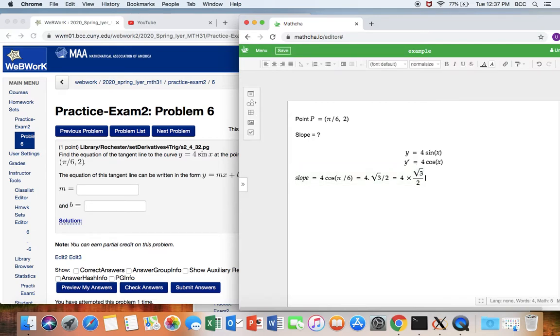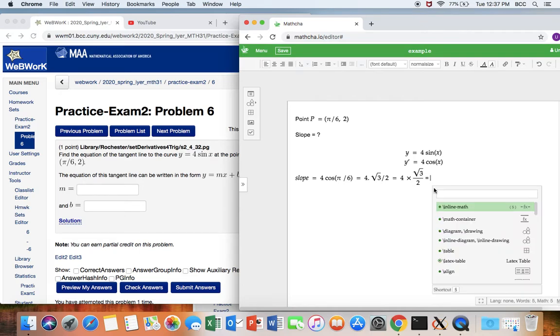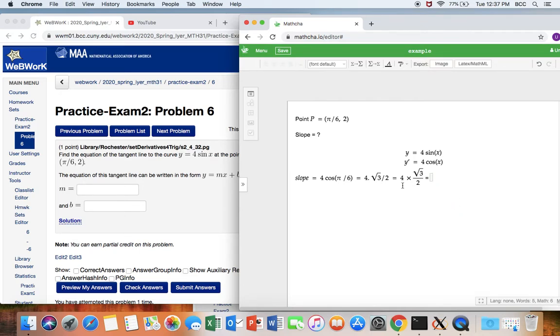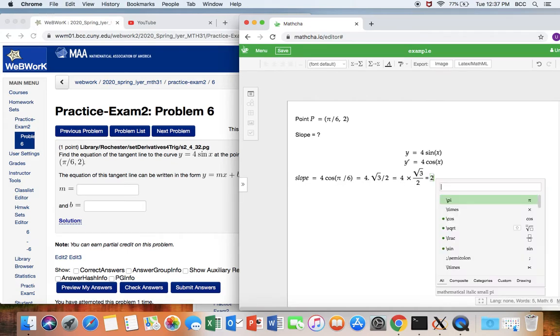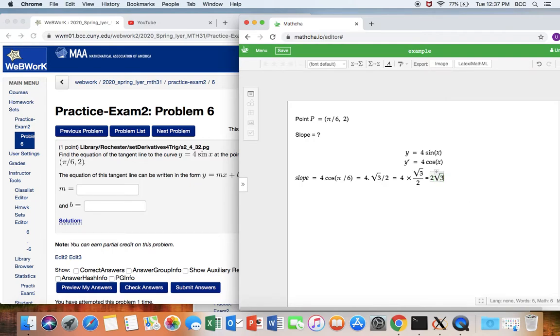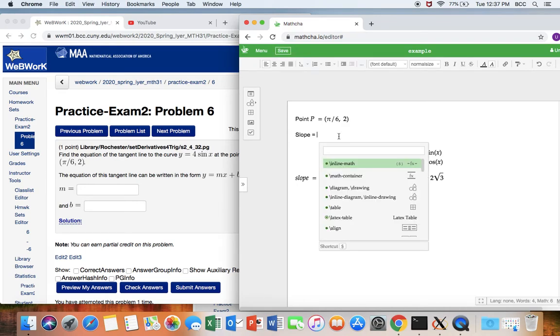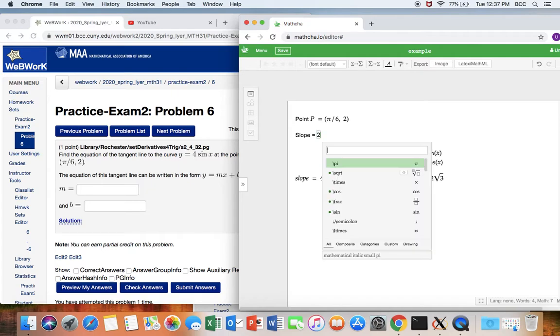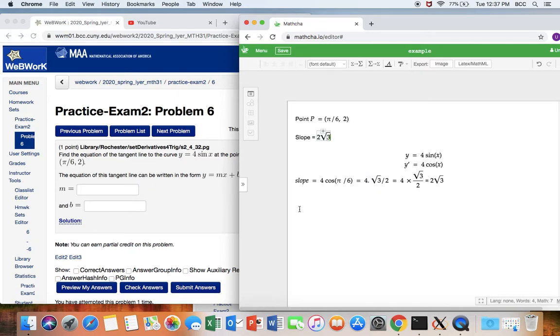So when you see it this fashion, 2 reduces 4 to give you 2 square root of 3. That is your slope. 2 square root of 3.